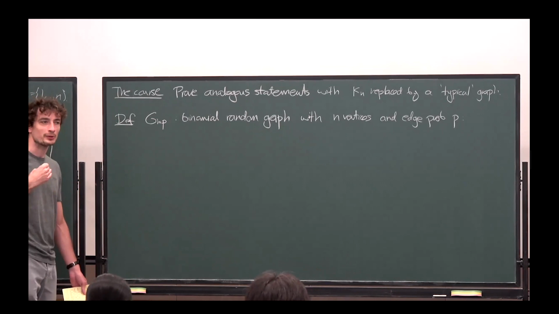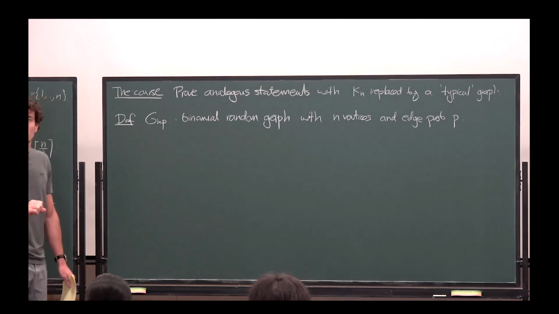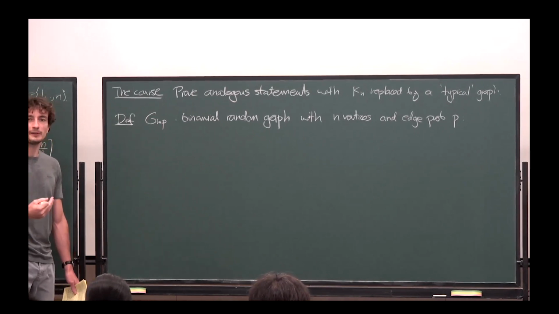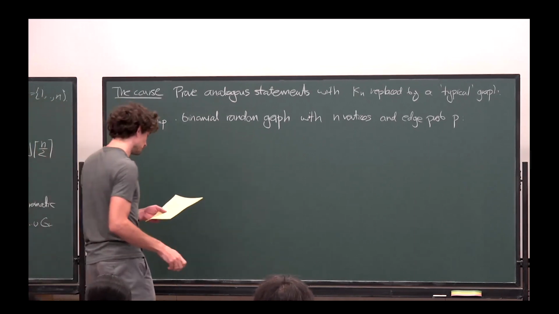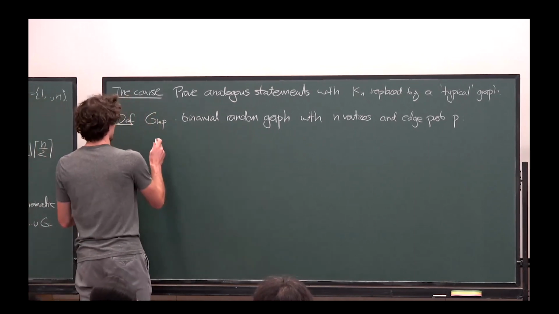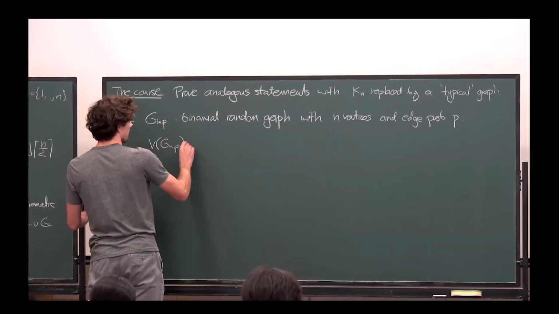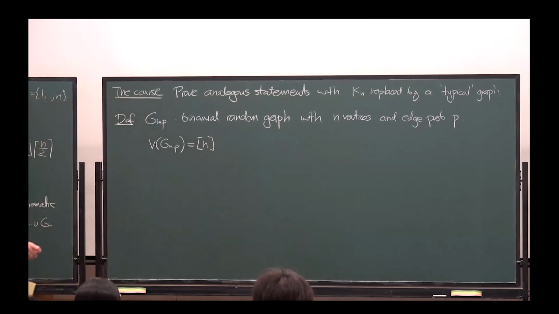So for every pair of vertices, we decide with probability p it's going to be an edge of our random graph, with probability 1 minus p it's not going to be an edge, and this is independent for all pairs. The vertex set of G(n,p), again, we will assume to be the integers 1 to n.